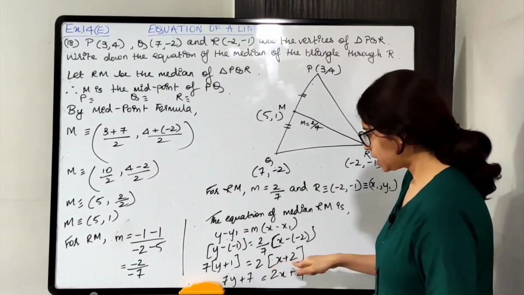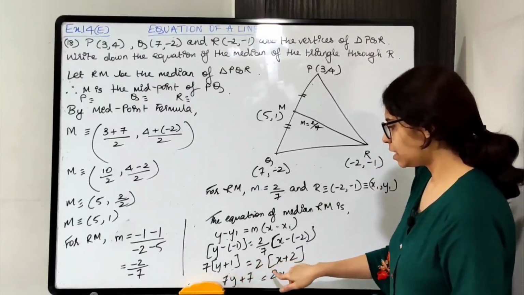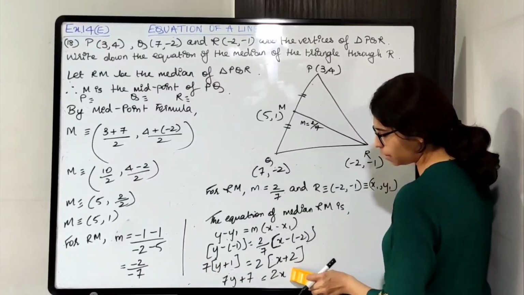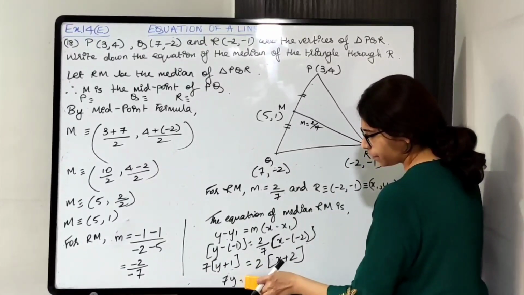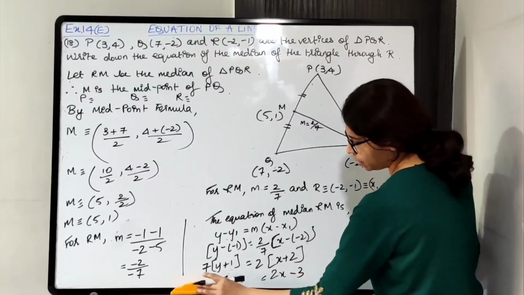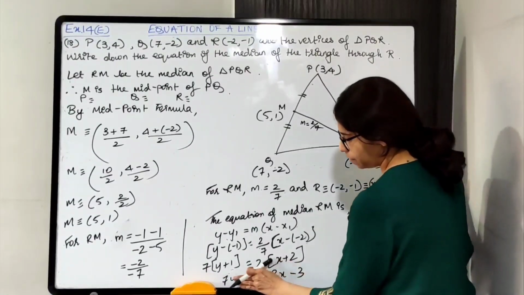So shifting 7 over here, we'll get 7y is equal to 2x minus 3. 4 minus 7 becomes minus 3, right? So 7y is equal to 2x minus 3 will be the equation of the line.